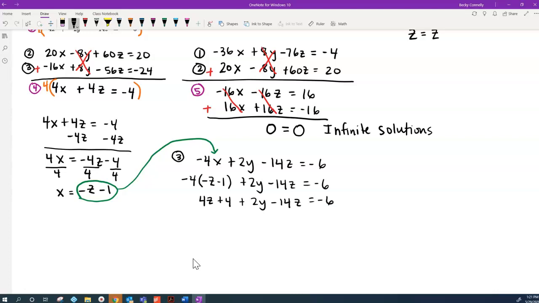Remember, I'm trying to solve this for y. All right, so let's get our like terms together that we can. So 4z minus 14z is going to give me a negative 10z. And then I still have my plus 2y plus 4 equals negative 6. All right, well, let's get y by itself now. So let's add the 10z and subtract the 4 over to the other side.